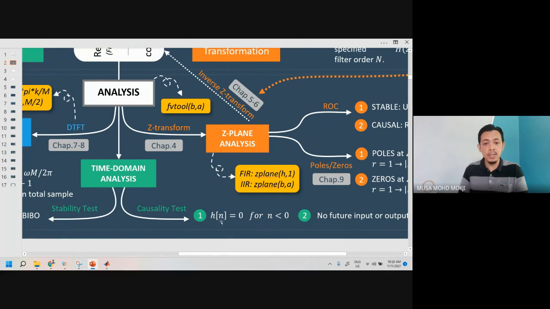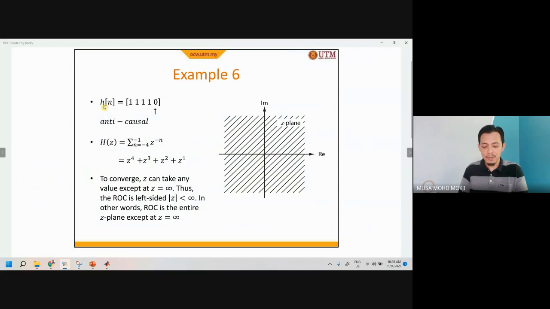Looking at h[n], this is n equals 0, and automatically this side is n equals minus 1, minus 2, minus 3, minus 4. It means h[n] is not 0 for n less than 0, so we can conclude that this is not causal.